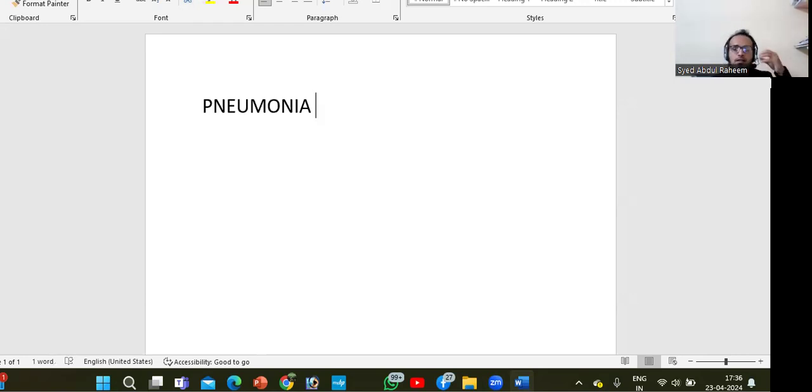Okay, what happened is that every disease in the respiratory system has one common thing: it affects the tubules or it affects the alveoli. Most of the symptoms are common primarily, and secondly the causes are different. So this is the reason we differentiate them with different names.